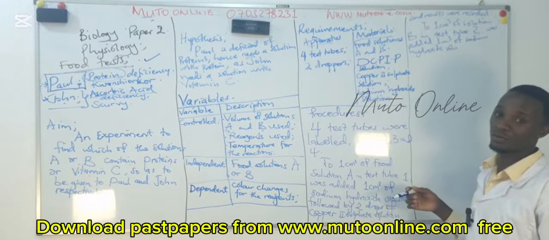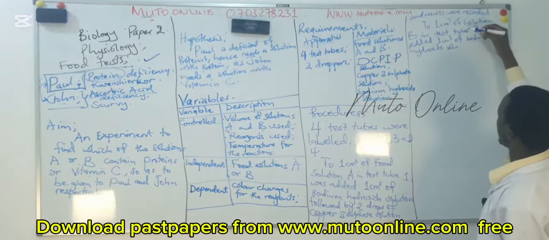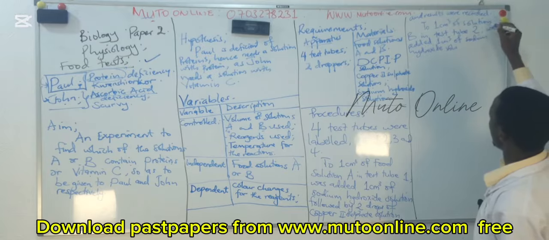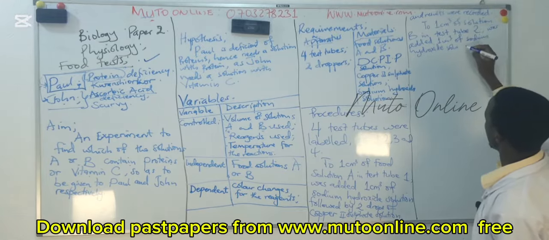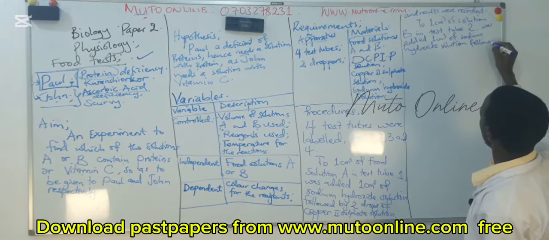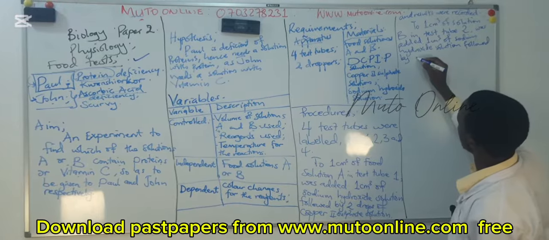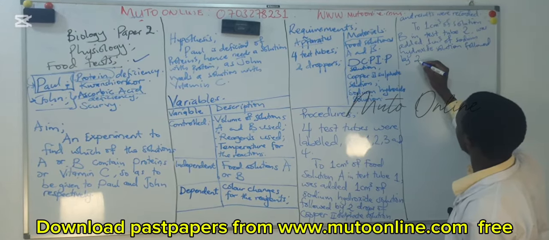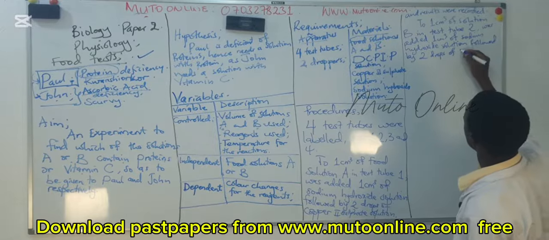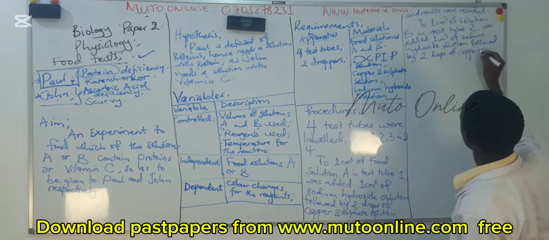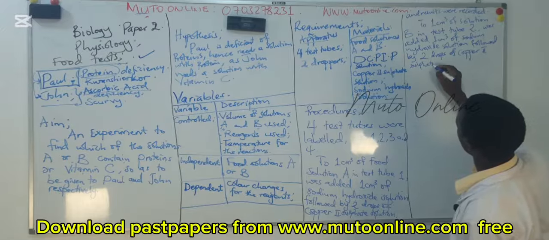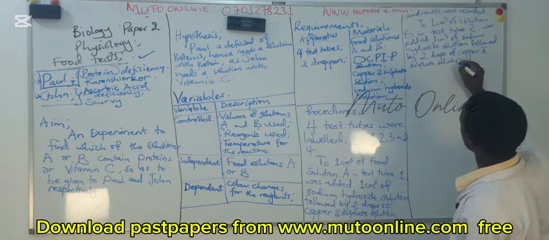What is simpler for you? 1 cubic centimeter of solution B in test tube 2 was added to that of sodium hydroxide solution, followed by 2 drops of copper 2 sulfate solution.